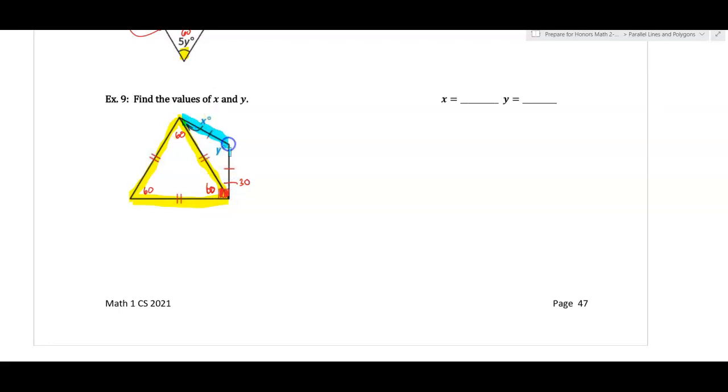If this side of the triangle is congruent to that side, and this angle is 30, I know x is going to be 30 right away because these base angles are going to be congruent. And to find y, I would just take 180, subtract 30, subtract 30. It's going to give you 120 degrees.